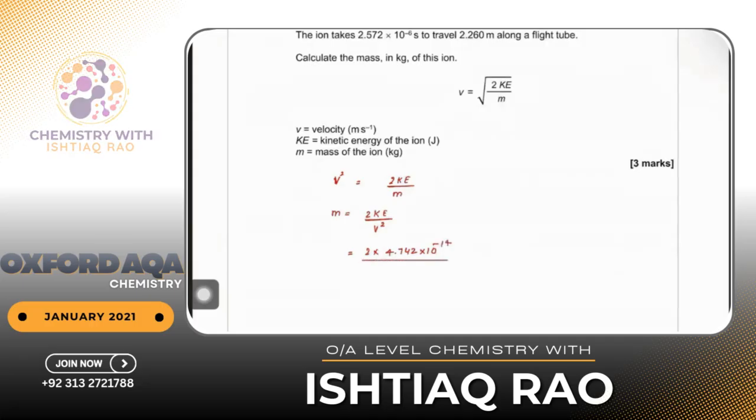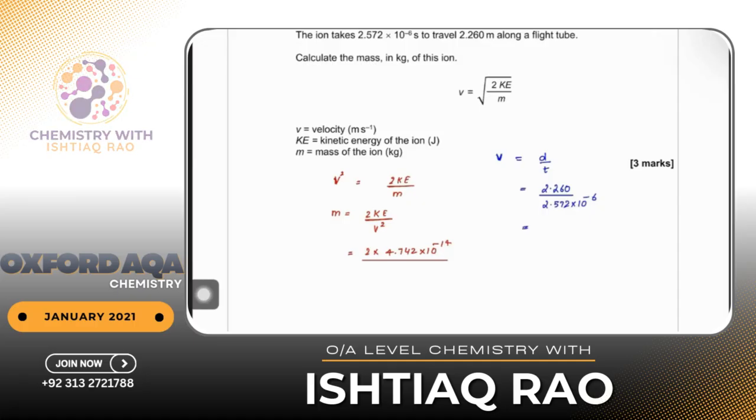But I don't know the value of v squared, right? So I can use the formula of velocity: distance over time. It's going to be 2.260 divided by the time, which is 2.572 times 10 to the power negative 6.